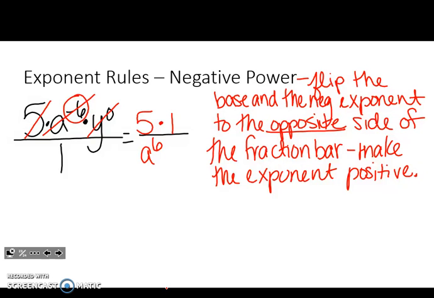Guys, it's important to put this multiplication symbol in between the 5 and the 1. If you fail to do that, your answer is going to look like 51 instead of 5 times 1. Since we know what 5 times 1 is, we can simplify that to just 5 over a to the 6th for our final answer.